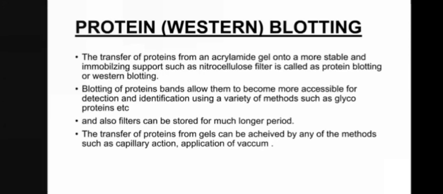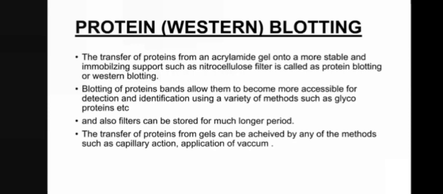The last type of electrophoresis is protein Western blotting. The transfer of proteins from the acrylamide gel onto a more stable and immobilizing support, such as a nitrocellulose filter, is called protein blotting or Western blotting.